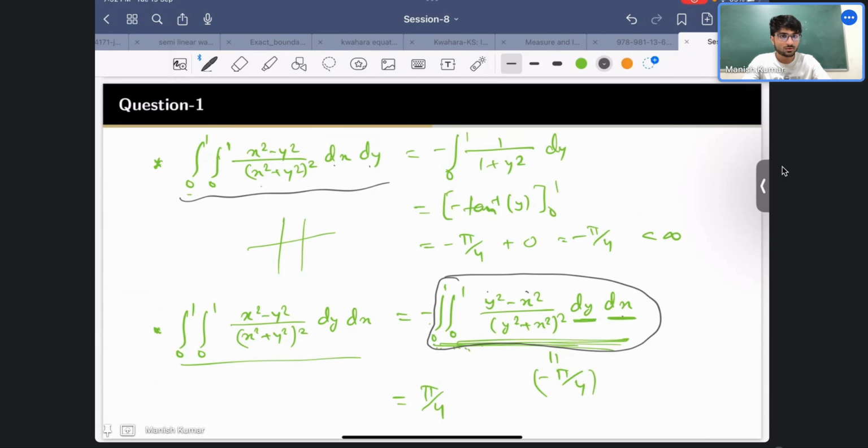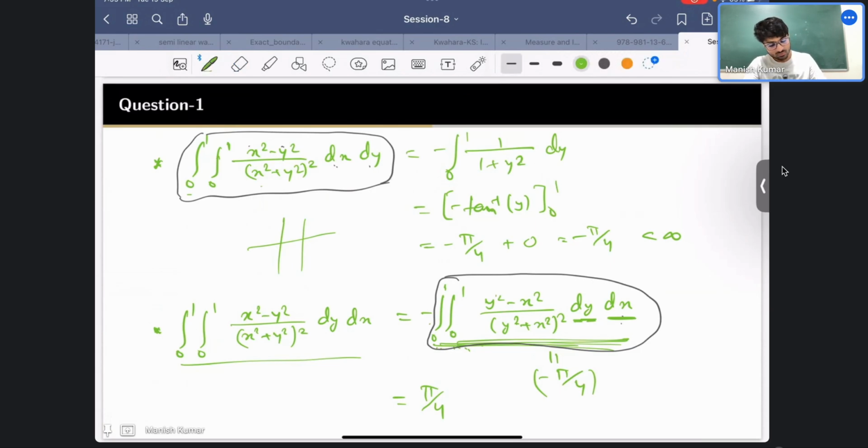You compare this integral with this one. Both are over 0, 1, 0, 1, right? Here it's x square minus y square, then you have dx dy. Here you have y square minus x square, then dy dx. So corresponding to the y square you have dy, corresponding to x square you have dx. In that sense I am saying these are the same quantity actually. You just interchange the role of x and y.